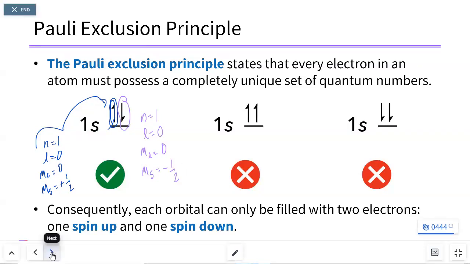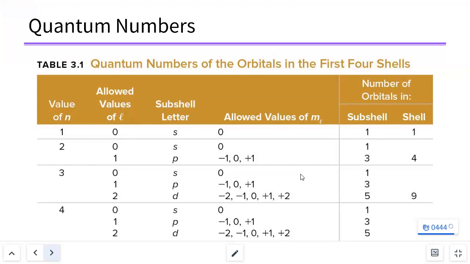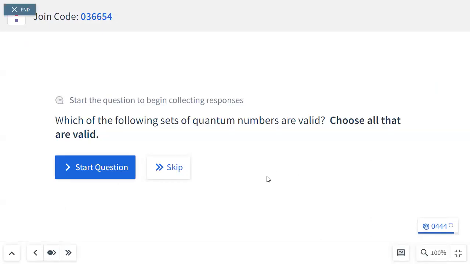What becomes more useful to us is information like this, where we're talking about, okay, what is the capacity of an energy level? What is the capacity of a sublevel? This kind of information, which we can find summarized in this table, ultimately can lead us to electron configurations. So before we go there, let's just take one more quick look at quantum numbers.